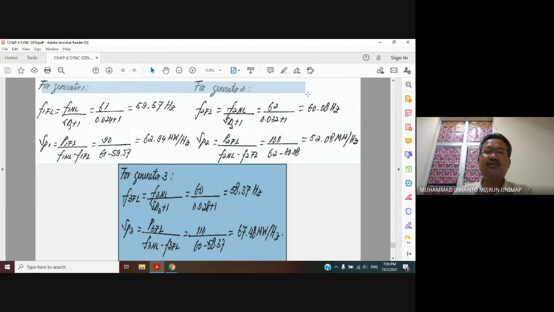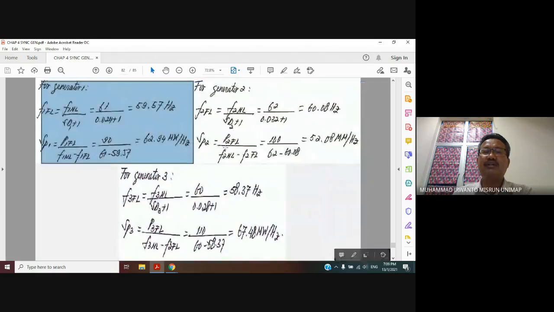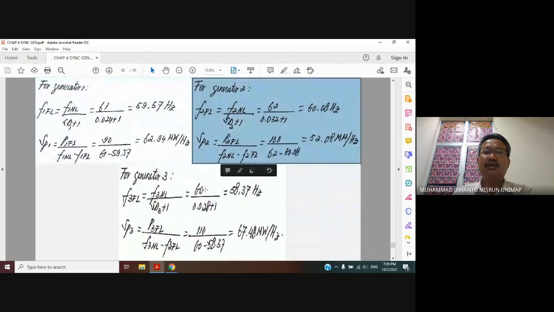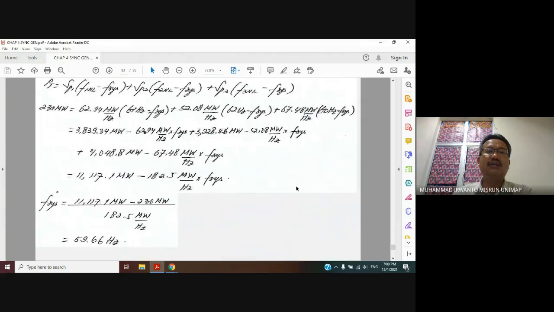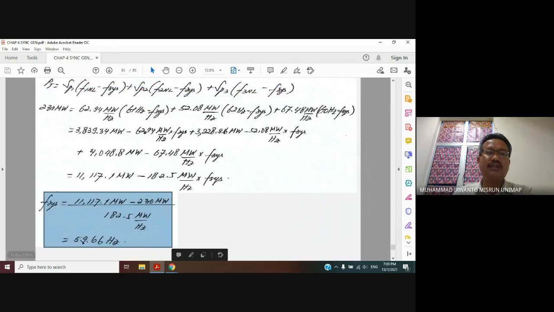After obtaining the full load frequency and slope of power frequency for each generator, we can find the system frequency by using this formula. Just substitute here, and lastly we obtain a system frequency of around 59.66 Hz.